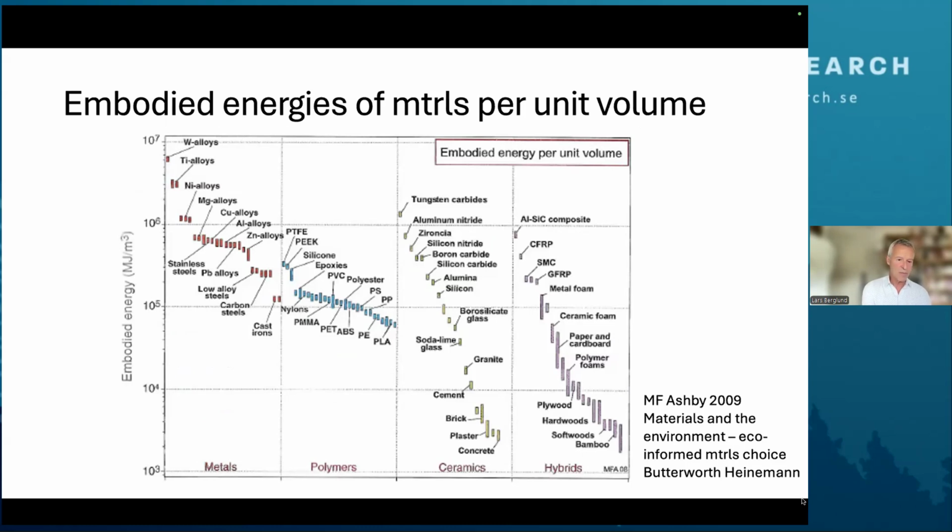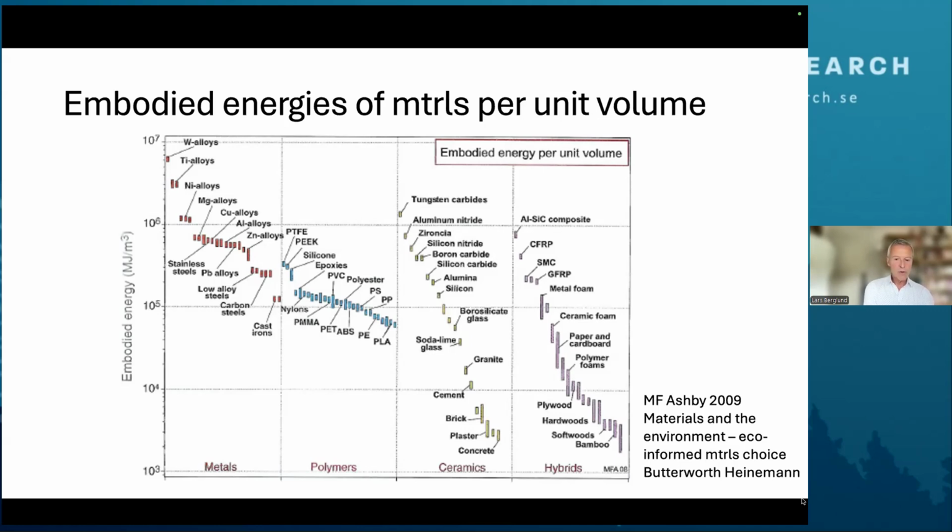So polyethylene and polypropylene are reasonably low, but there's something like 70 megajoule per cubic meter, which is substantial. PLA is the lowest one, but not that much. So it's maybe 55.